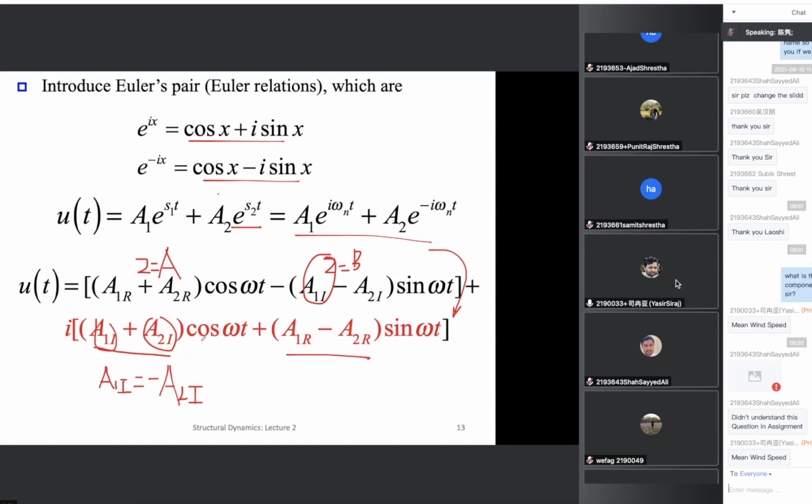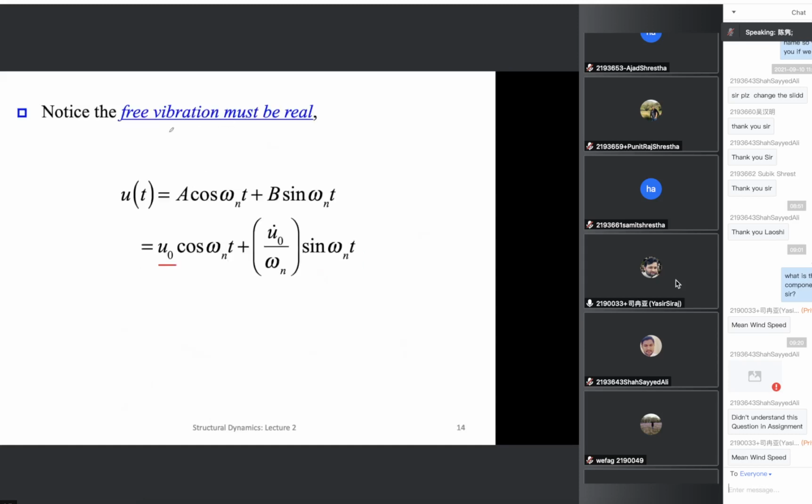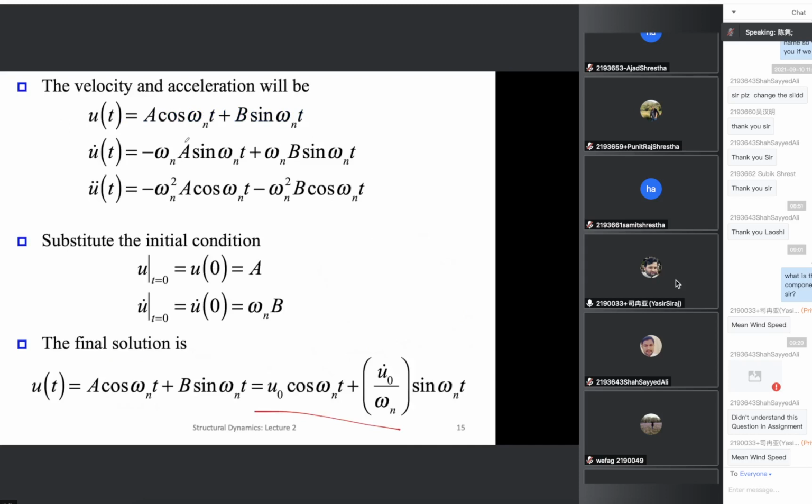If you have an imaginary part in this equation, it cannot be used to describe the real vibration. So this is the key thing. The free vibration must be real, so the imaginary part must be zero. This is the whole thing we derive.